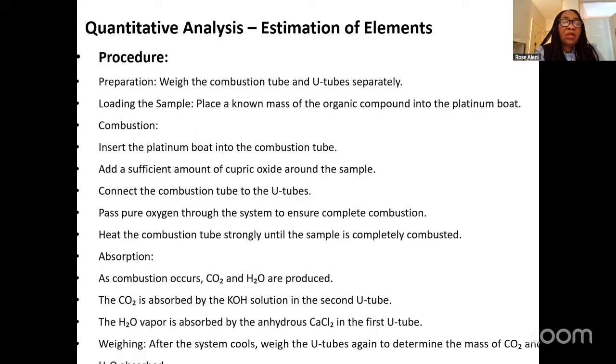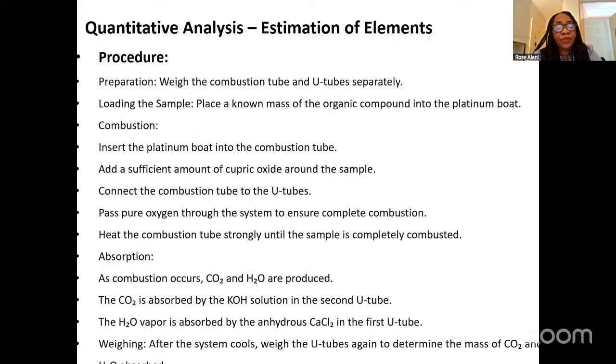So this is the procedure. Weigh the combustion tube and the U-tubes separately, place the known mass of the organic compound into the platinum boat, and then carry out the combustion. Insert the platinum boat into the combustion tube, add a sufficient amount of cupric oxide around the sample, connect the combustion tube to the U-tubes, and then pass oxygen to ensure complete combustion.